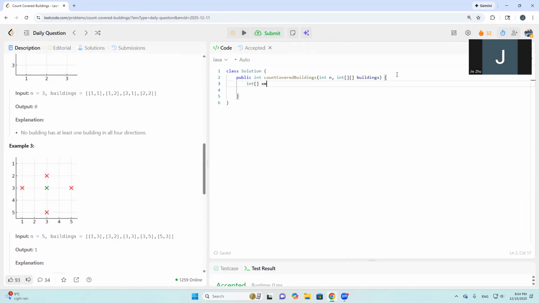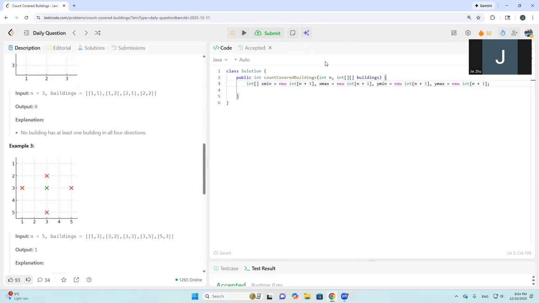One is x min, that will be for every y coordinate the min x value. Let's set this as n plus 1, because we are able to get n. And x max equals new int n plus 1, and y min equals new int n plus 1, and y max equals new int n plus 1.